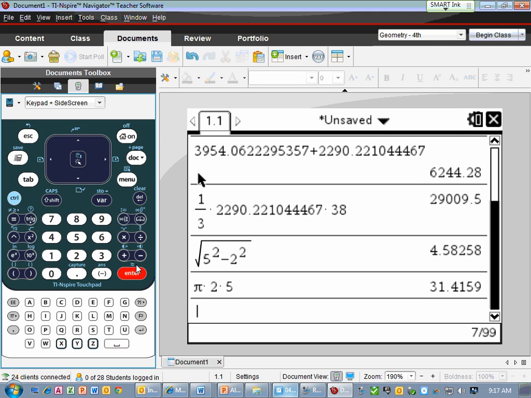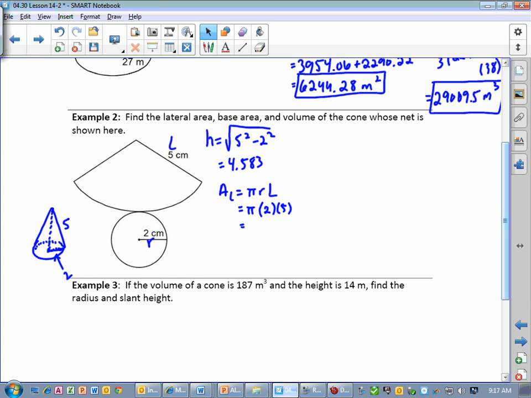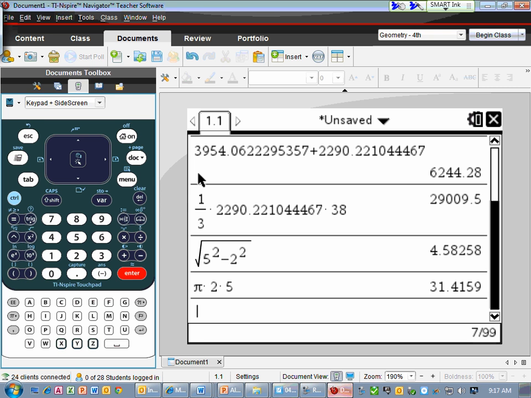You may notice that on the board I've started using parentheses more than dots, because someone in one of my classes asked multiple times whether that was a decimal or a times. To be clear, parentheses is the same as times. So pi times 2 times 5 gave us 31.416.